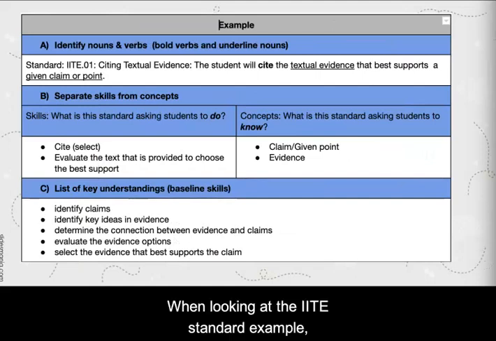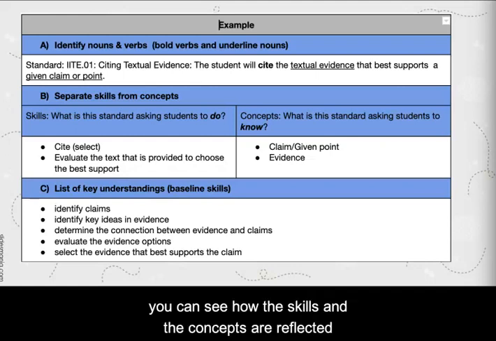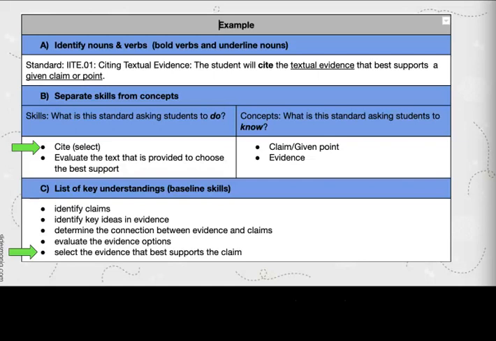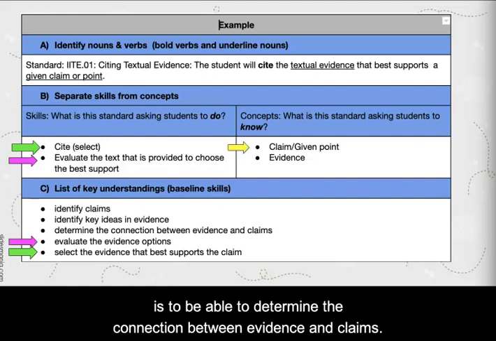When looking at the SAT standard example, you can see how the skills and the concepts are reflected in the key understandings. The one implied skill here is to be able to determine the connection between evidence and claims.